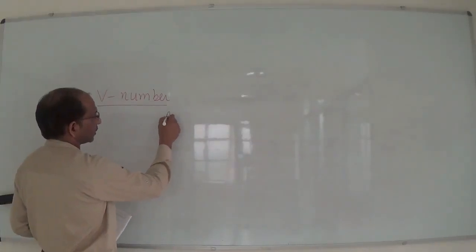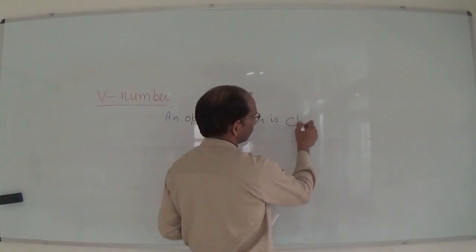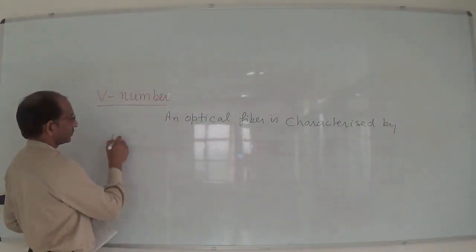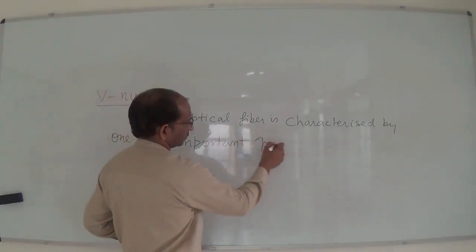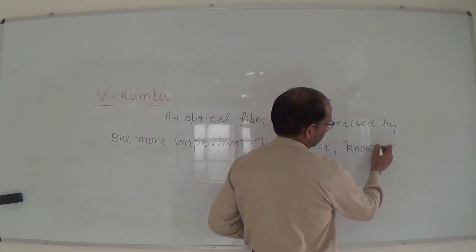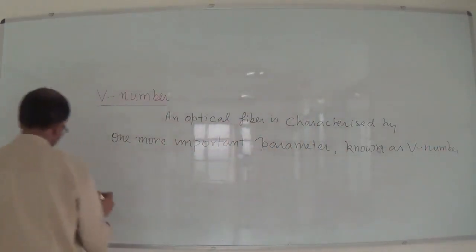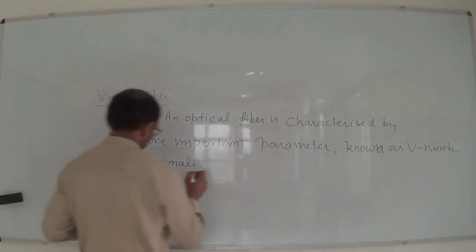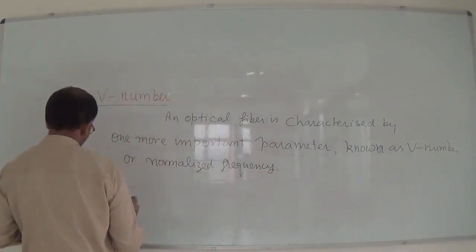So you can write here that an optical fiber is characterized by one more important parameter, that is known as V number or normalized frequency of the fiber.